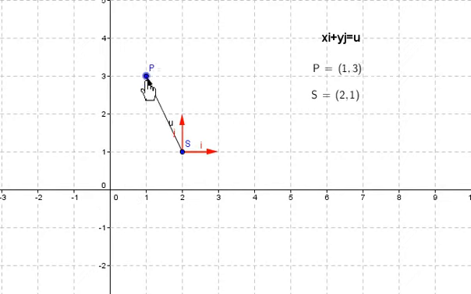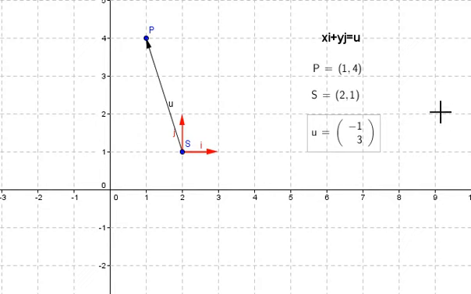Okay. Find the coordinates of this vector. Pause the tape. And now if the coordinates of the vector that you found are negative 1 and 3, then you are correct. So 1 minus 2 is negative 1, and 4 minus 1 is 3.